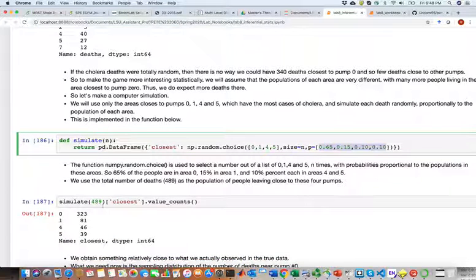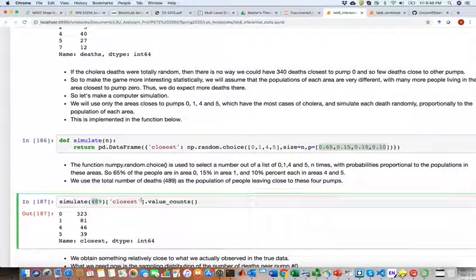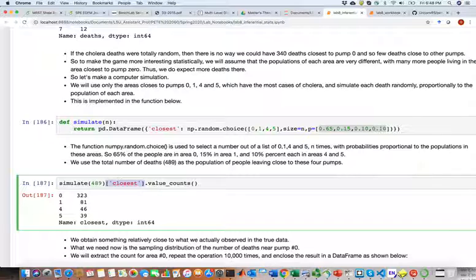So we call the function with the number of deaths, which is 489, and grab the number of deaths closest to each of the pumps we've generated from computer simulation. And the results are shown here. So 323, 81, 46, 39. So there's a lot more deaths here.